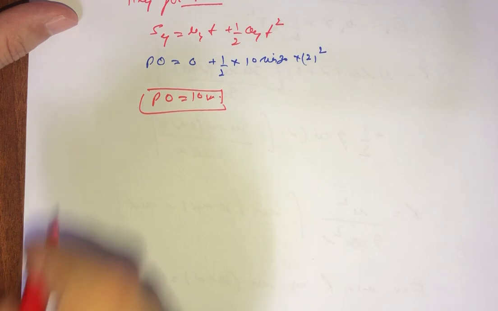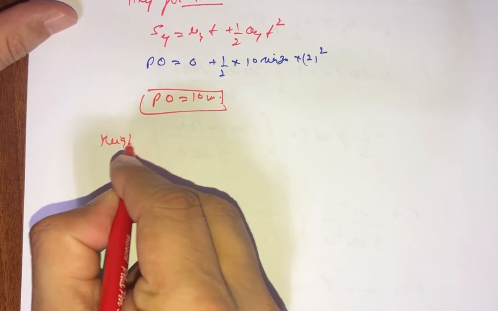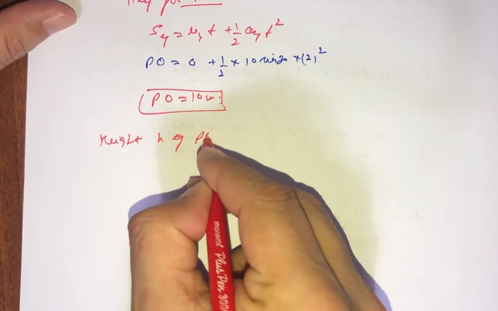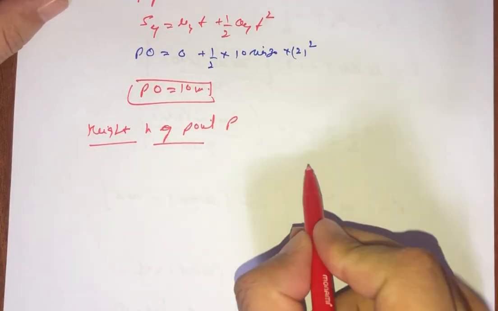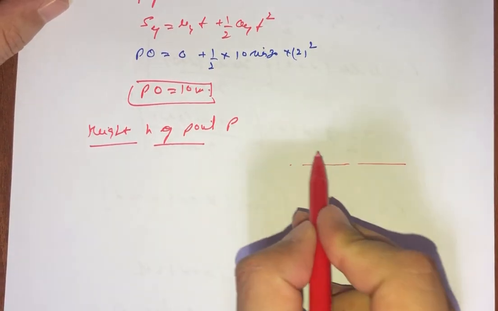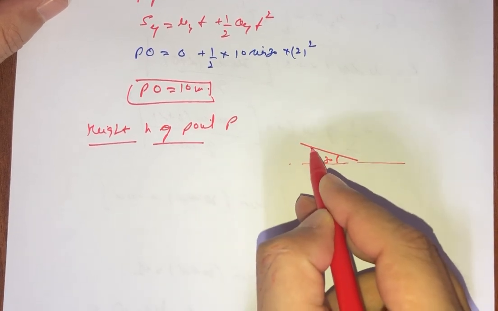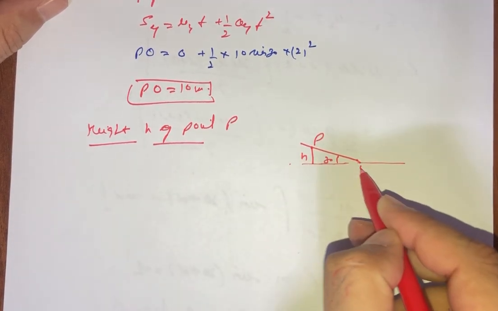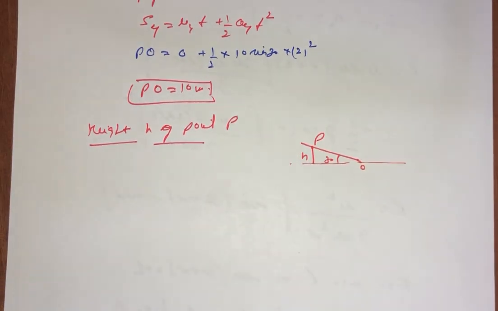Okay, in the last part we are going to find out height h of point P. So we can once again draw it here. So this was 30 degree, this is point P, and this is height h, this is O. So we already know OP, so we can find out h clearly from here.